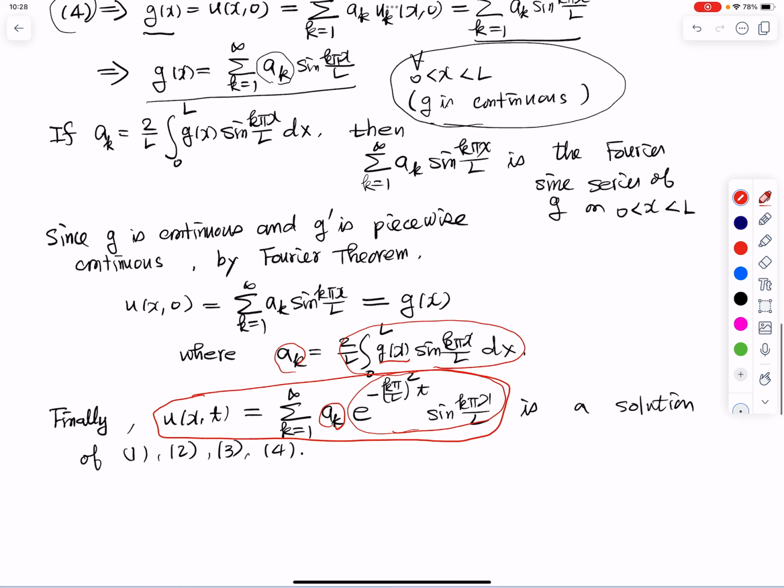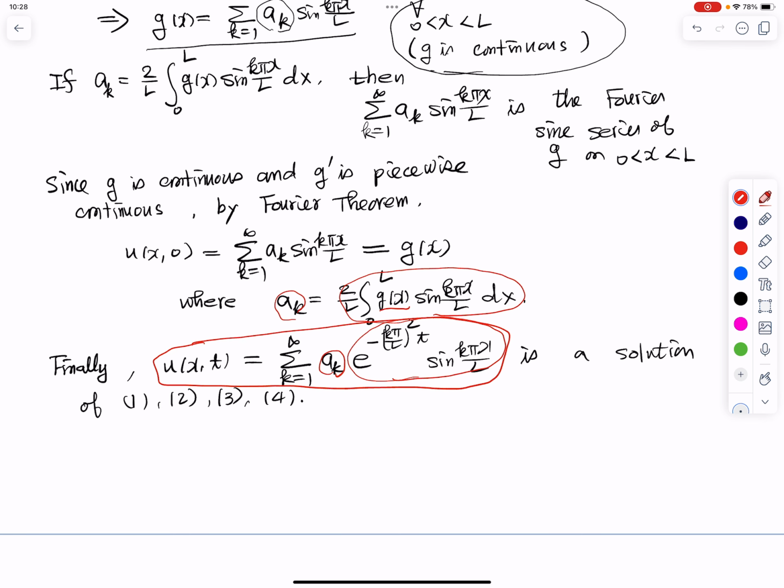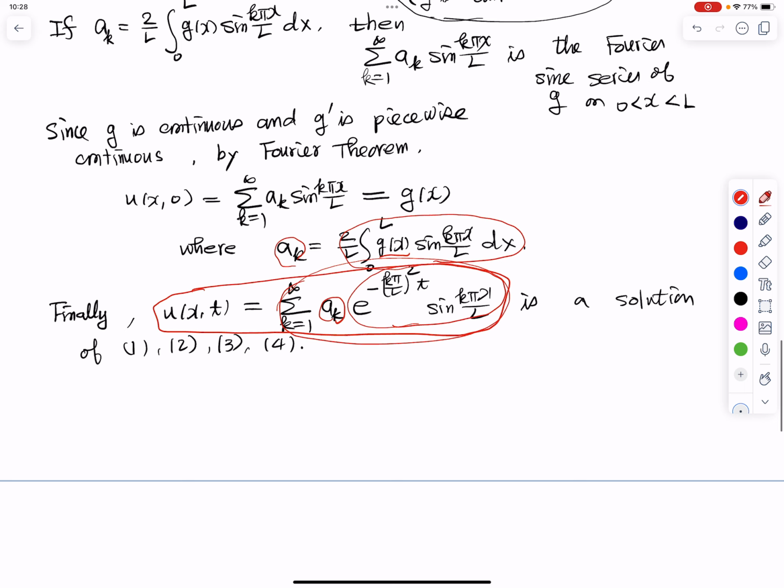So once this a_k is given, I have an explicit form, and then I need to show this actually converges uniformly somehow. So here, it is a solution, but somehow we need to verify it rigorously. Okay. Equation 4, okay, but 1, 2, 3. So we need to verify rigorously, but I'm not going to talk about this one.